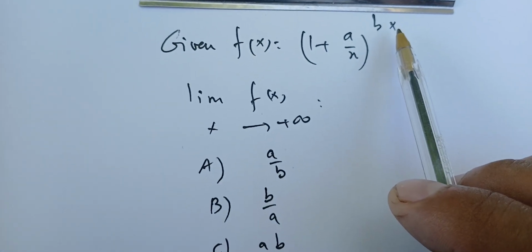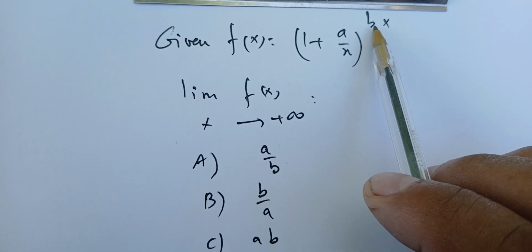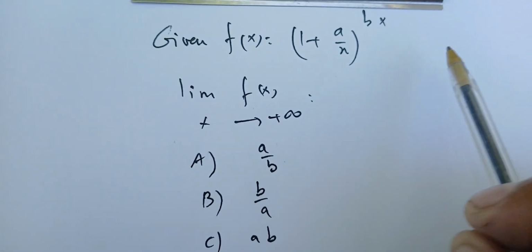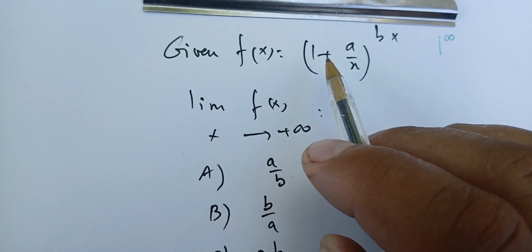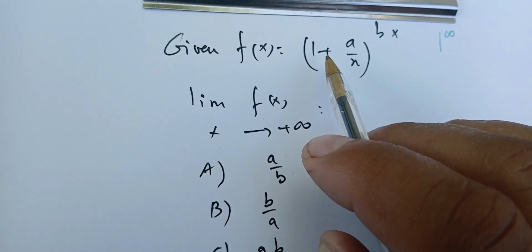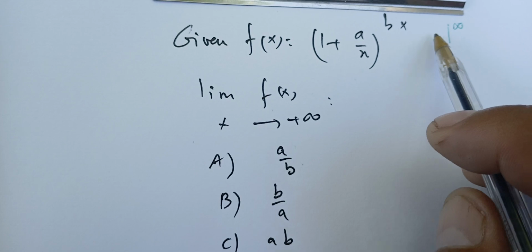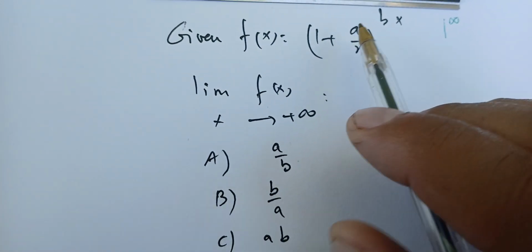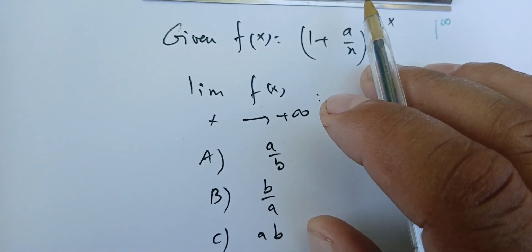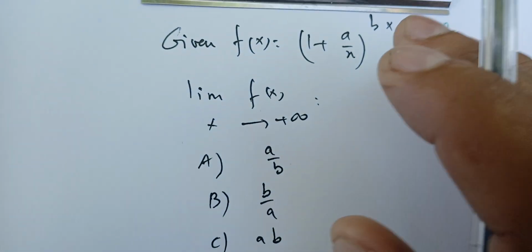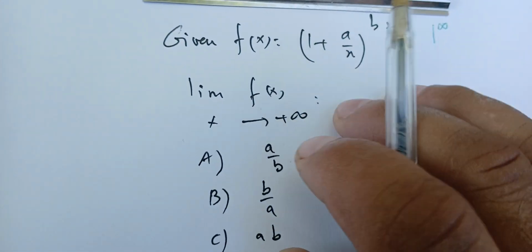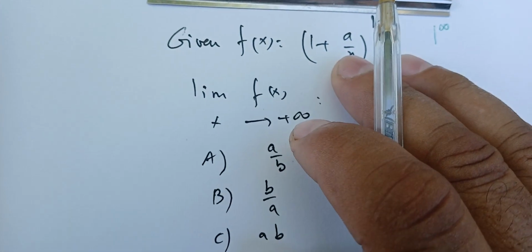But if we assume that it goes to infinity, we have the form 1 to the power infinity, and this is one of the indeterminate forms, so we have to do something else about this limit.